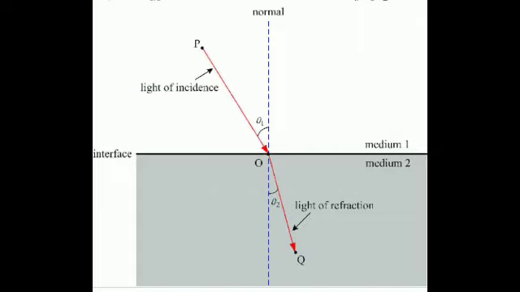When light travels from a rarer medium into a denser medium, the refracted ray is bent towards the normal drawn to the interface. Here, a rarer medium means lighter, like air, and a denser medium means harder, like glass.